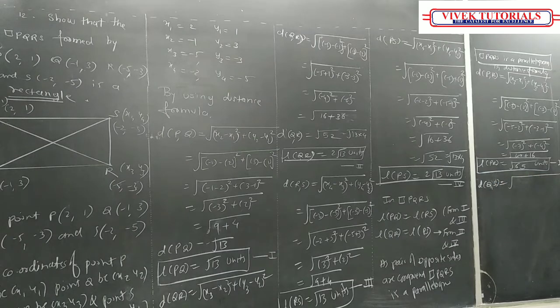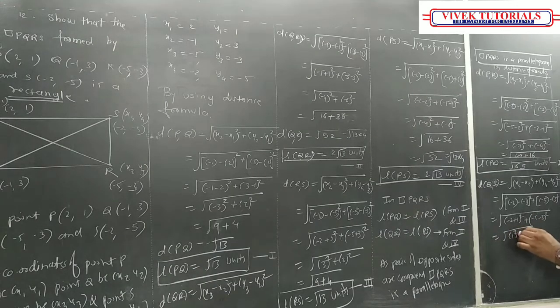QS is equal to under root (x4 minus x2) the whole square plus (y4 minus y2) the whole square, which is (minus 2 minus 1) the whole square plus (minus 5 minus 3) the whole square.